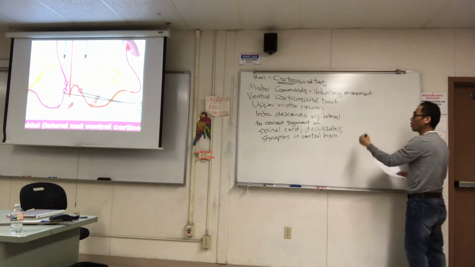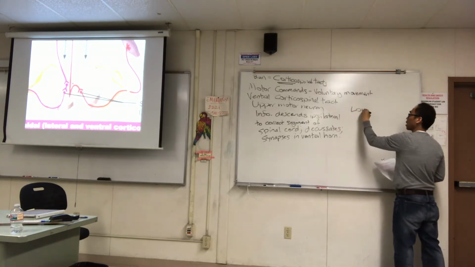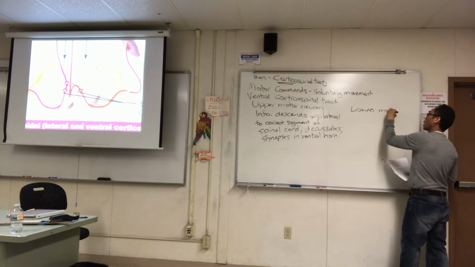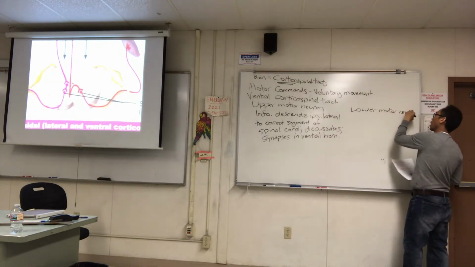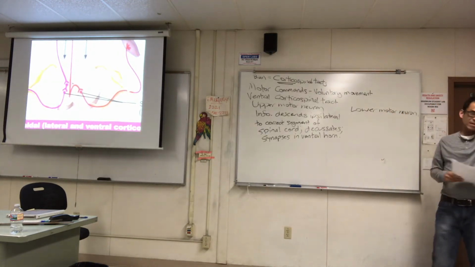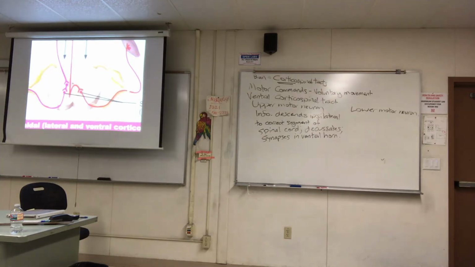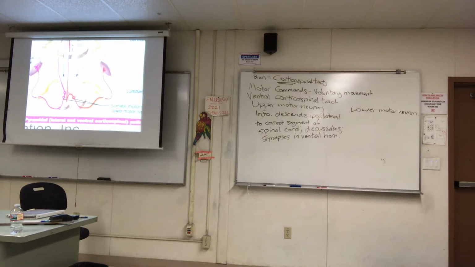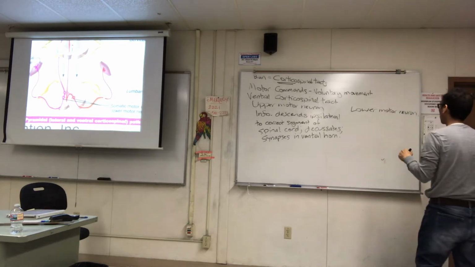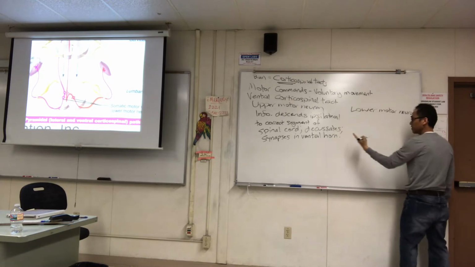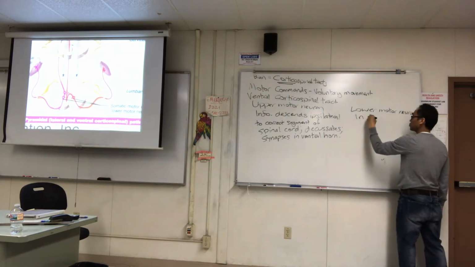Then now you have the lower one, the lower motor neuron. Well, basically, you can just follow that out. The lower motor neuron will basically innervate the muscle fibers. It's in the ventral horn, right?